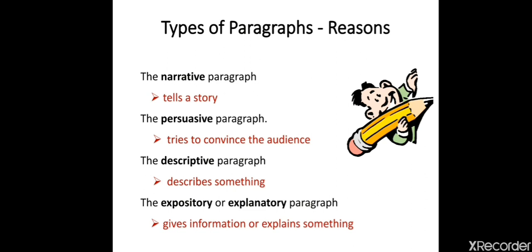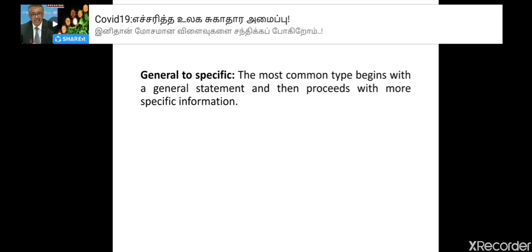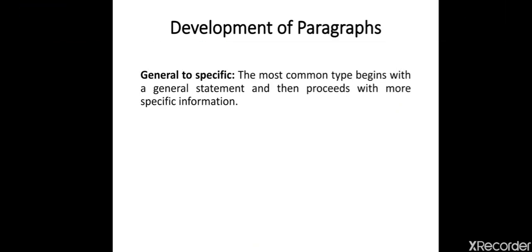It doesn't mean that there will be only these four types. In a single paragraph, you can find all four mixed. According to the need, you will be using different styles of writing. How to develop a paragraph?